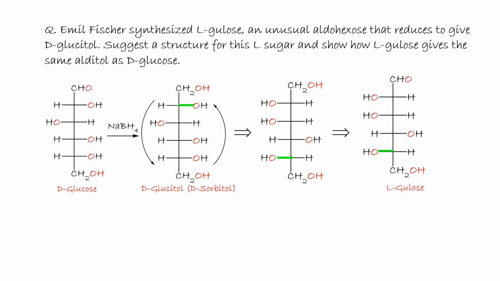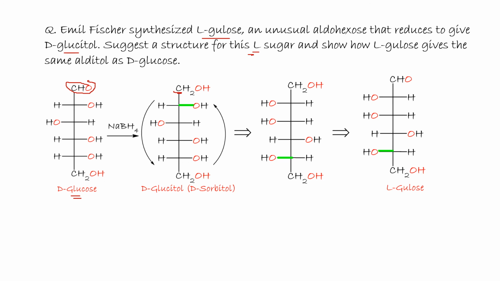Emil Fischer synthesized L-gallose, an unusual aldohexose that reduces to give D-galactitol. Suggest the structure of this L-sugar and show how L-gallose gives the same alditol as glucose. When we start with glucose reduced with sodium borohydride, you transfer this to CH2OH. We are talking about an L-sugar.